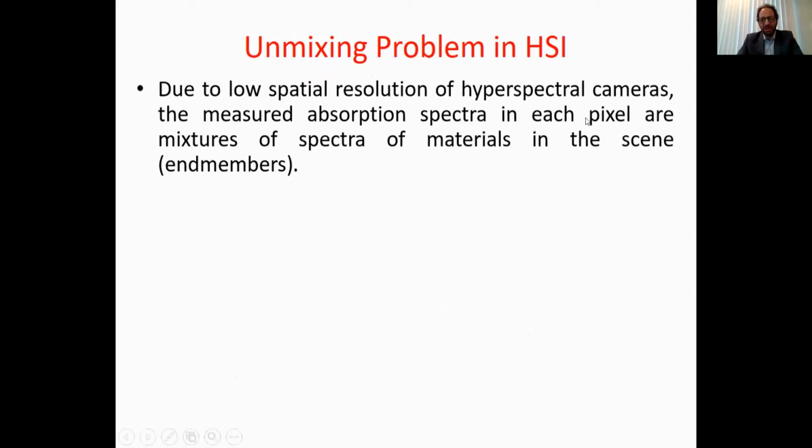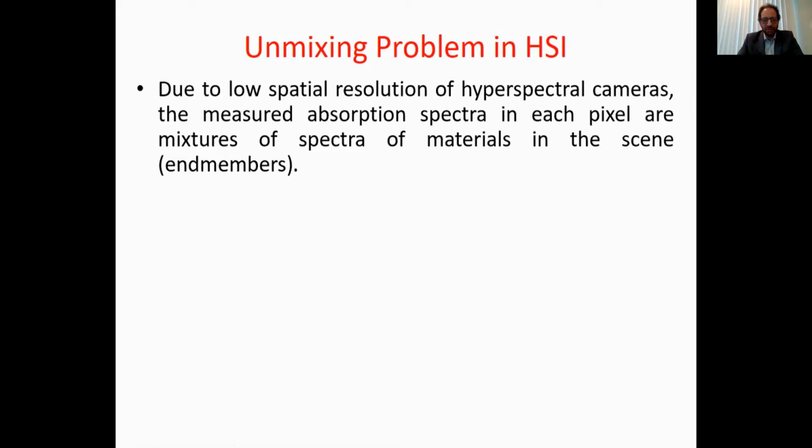Hence, each spectral pixel here would be a mixture of spectra of the materials in the scene, because now we would be imaging a few meters by a few meters on the ground from the satellite, or from a plane, or even in the lab, where you're trying to image something really small.